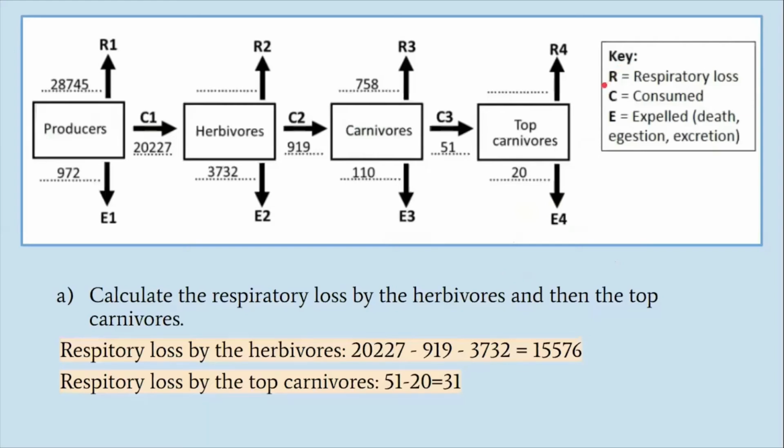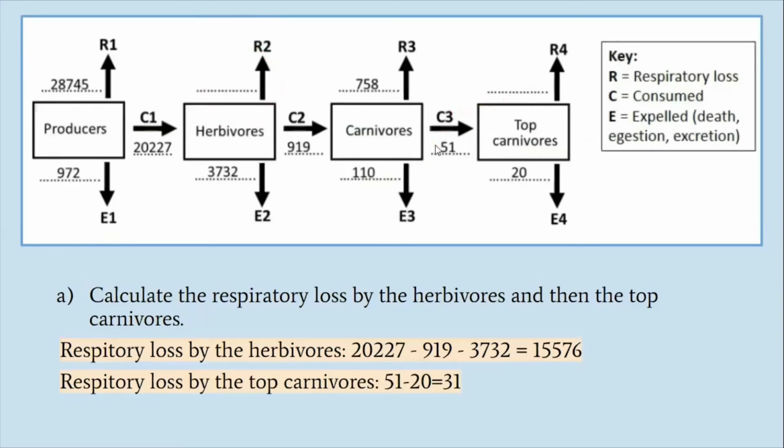C represents the energy that is consumed by the next trophic level, and E represents the expelled energy from decomposition of dead organisms. The question asks us to calculate the respiratory loss by the herbivores and then the top carnivores. So the question asks us to find R2 and R4.